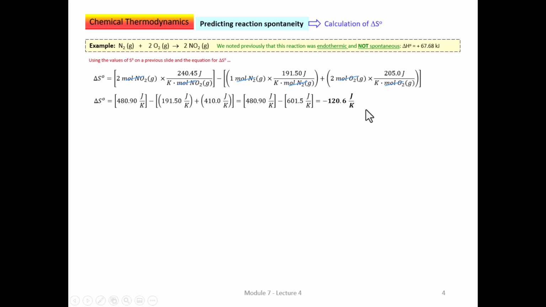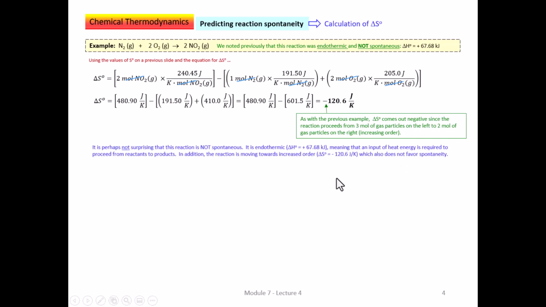Well, does the negative sign here make sense? Sure. We've got 3 moles of gas on the left in the reactants, but only 2 moles of gas on the right. That means that we're creating some order, or we're producing less disorder, so it's not surprising that delta S is negative.